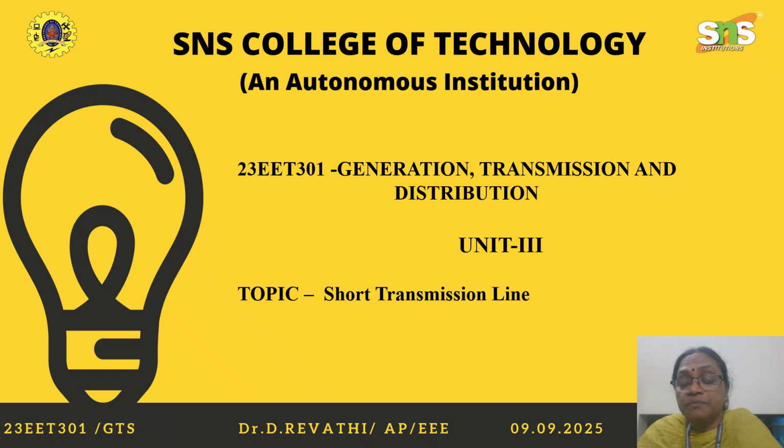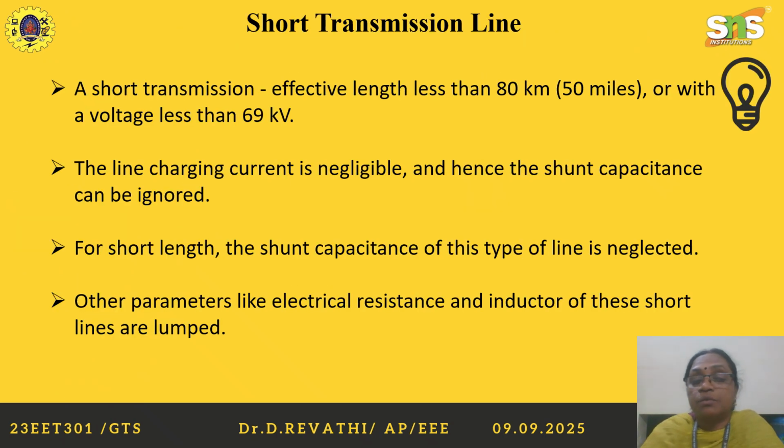The short line is used for less than 80 kilometers or 50 miles. The medium transmission line is above 80 kilometers up to 125 kilometers, and above 125 kilometers it is the long transmission line.